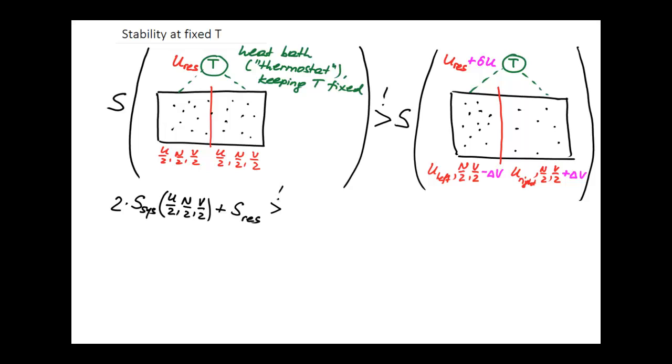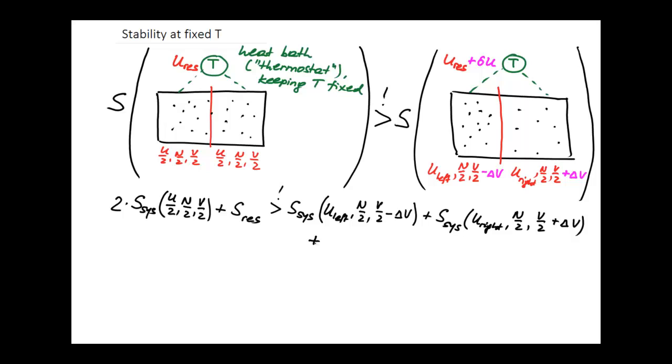What's the entropy of the inhomogeneous scenario? It's the entropy of the left half of the system, which is this function S system evaluated at energy U left, half the particle number, and volume V half minus delta V, plus the entropy of the right half, that is this function evaluated at U right, half the particle number, and volume V half plus delta V. And then we have to add to that the entropy of the reservoir.